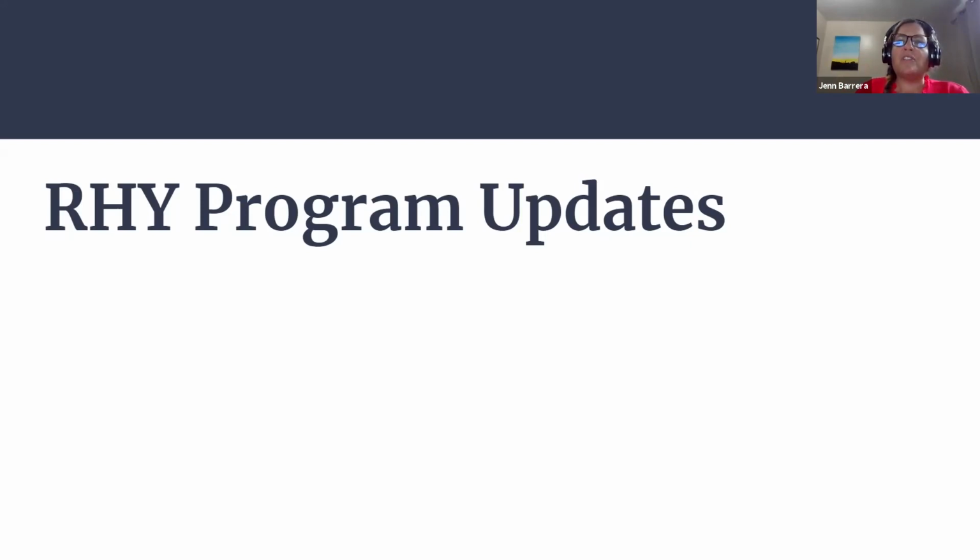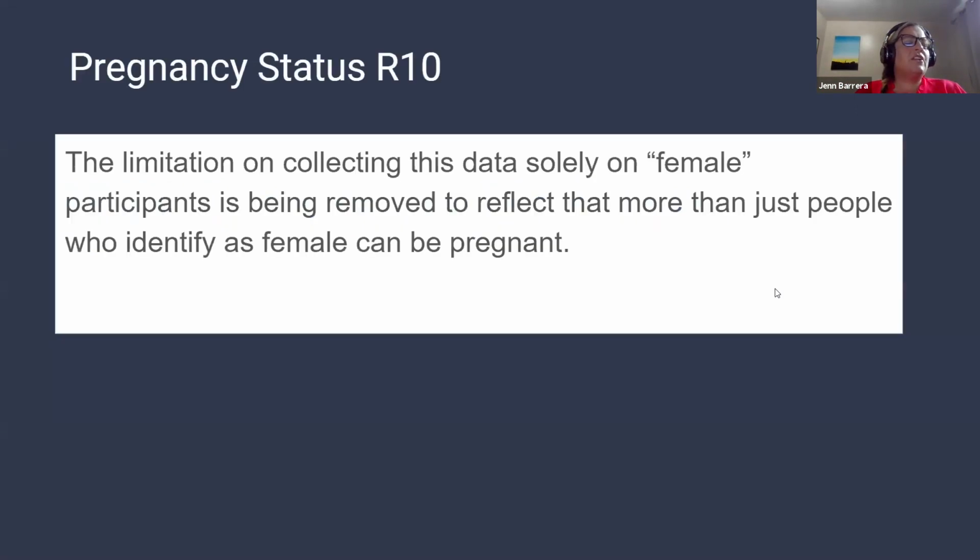So here are some changes that are happening for RHY. Again, we're sharing this out here because agency managers are here. And if you're an agency manager, like from Foster Forward or House of Hope or Family Service, you need to know these. First is pregnancy status. Currently our system is configured to only ask pregnancy status if someone selects female as gender.